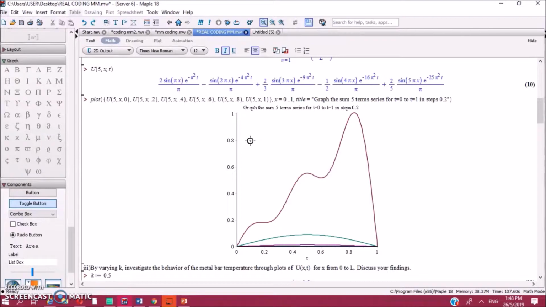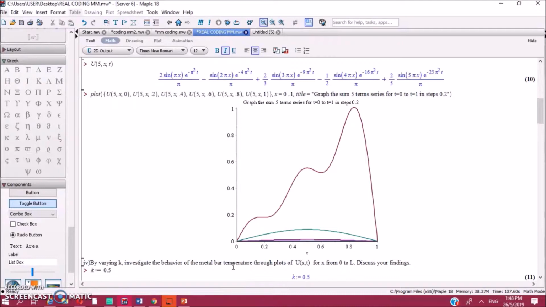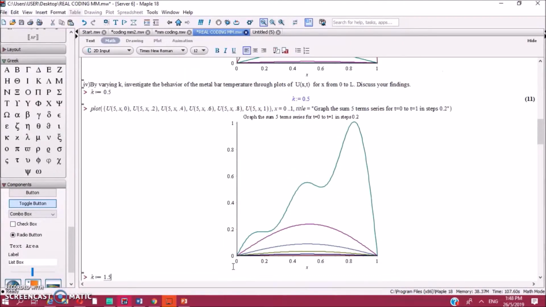Okay, for question number 4 here, we need to investigate the behavior of the metal bar through plots of u(x,t) for x from 0 to L. Discuss the findings.